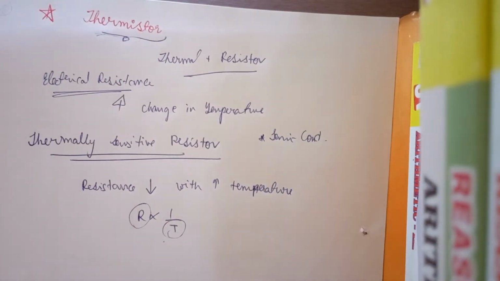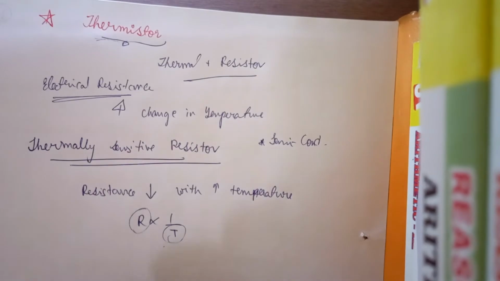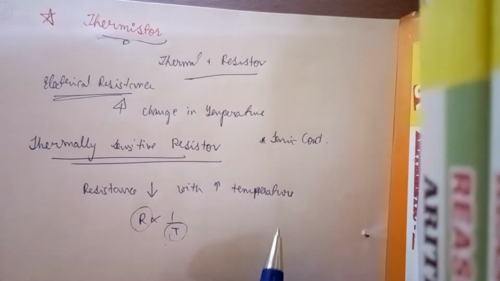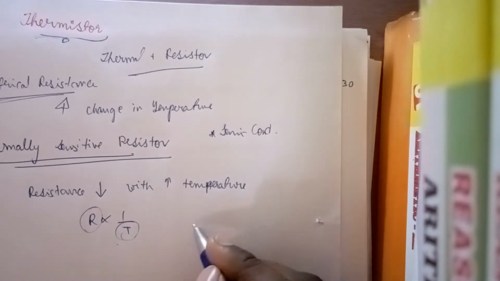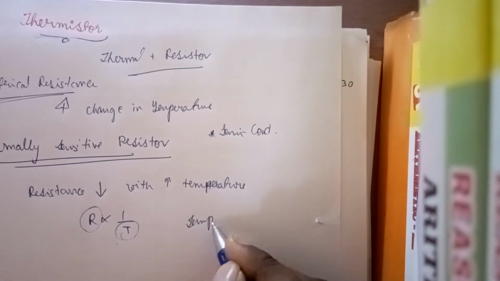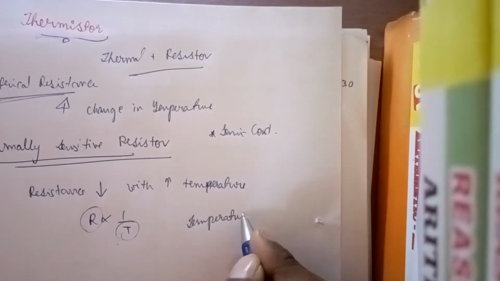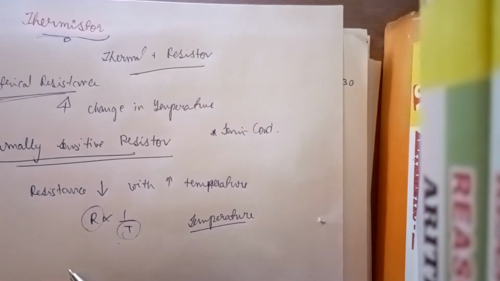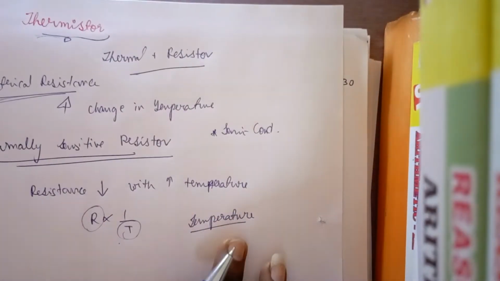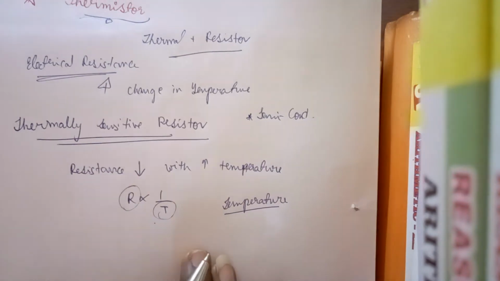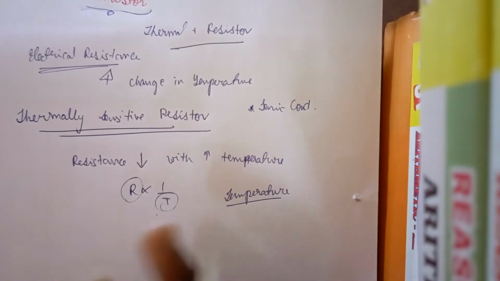We can use this thermistor in a wide range of applications, many applications where we consider temperature as a factor, like the change in temperature. And how is the thermistor made up?